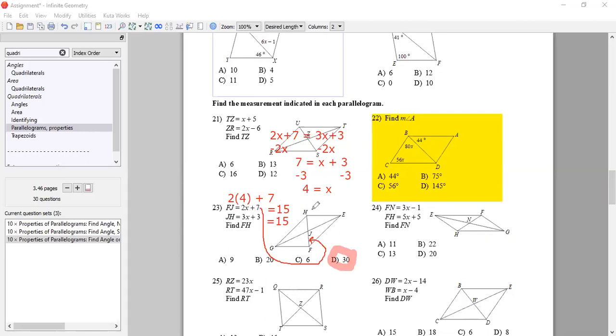That's the things you're going to do on this worksheet over and over, applying all of the same things that you know about parallelograms. So one new thing is the diagonals of a parallelogram, every single one of them, bisect each other.